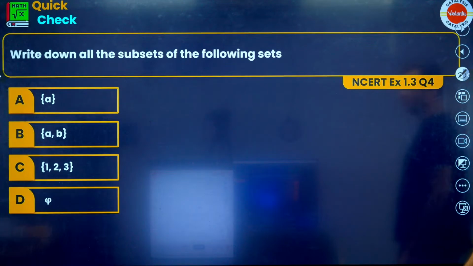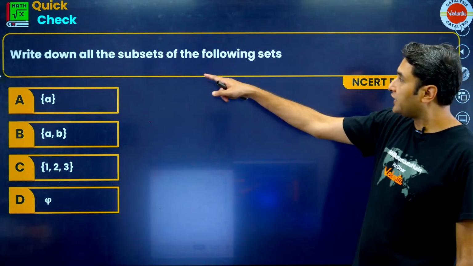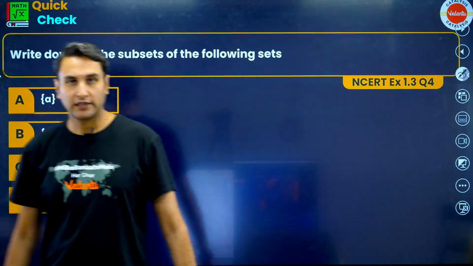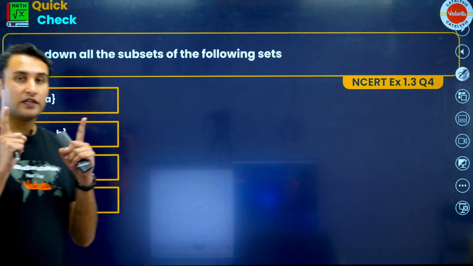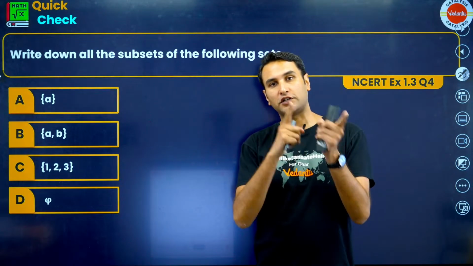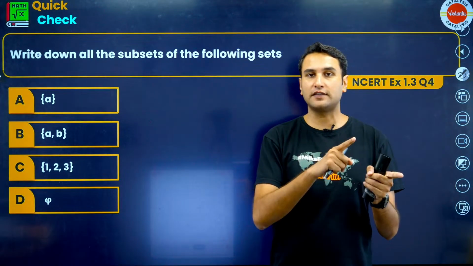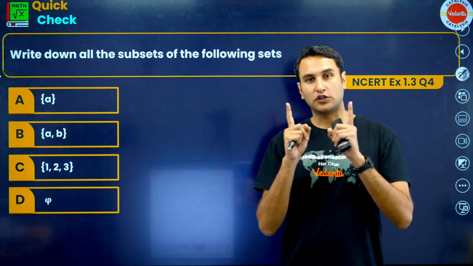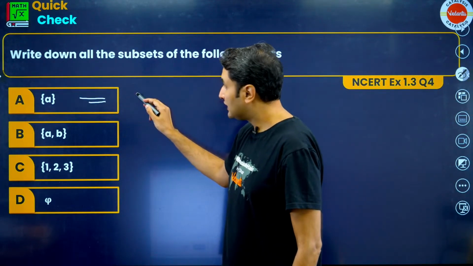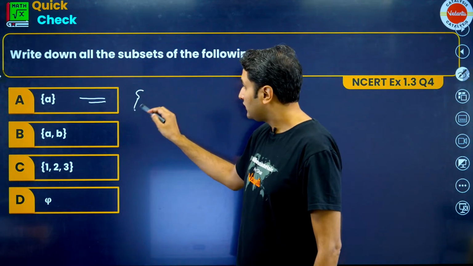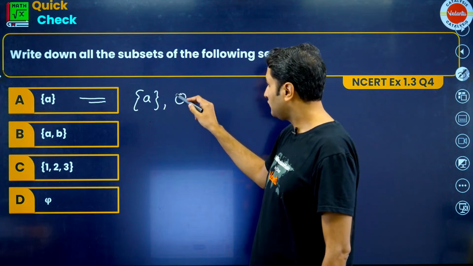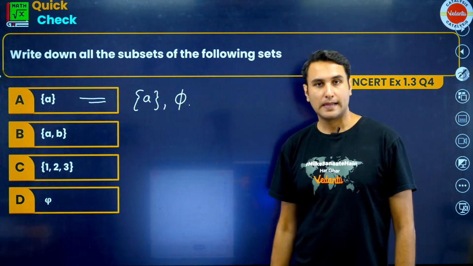Clear? Perfect. Awesome. Now write down all the subsets of the following sets. Can you write down their subsets? Remember, when you're writing the subsets, a set is a subset of itself. Phi is a subset of every set. Don't forget that. For example, A, its subsets are the set itself and phi, right?